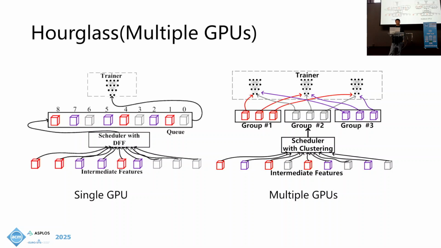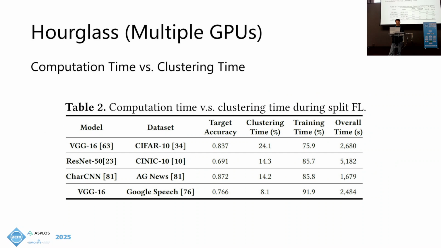But we find the clustering method, like k-means, takes a lot of time because the intermediate feature is higher dimension data. We also conducted an experiment.